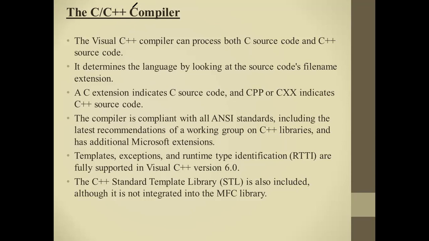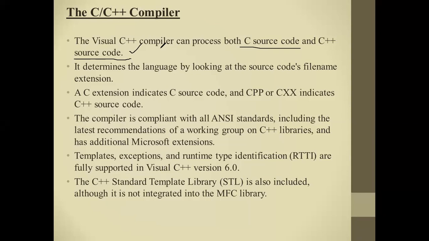It supports both languages, that is, the C language as well as the C++ language. So we have both compilers here. The Visual C++ compiler can process both C source file code as well as C++ source file code.